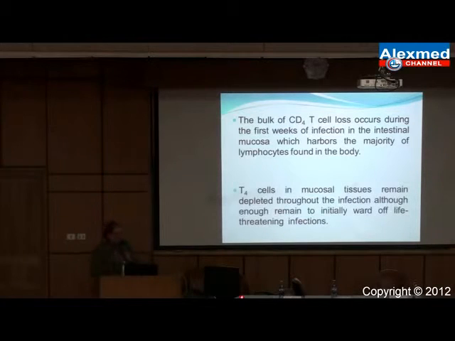I just want to draw attention here that infection is not only in lymphocytes, but we have a great bulk of mucosal lymphoid tissue in the gastrointestinal tract. This mucosal lymphoid tissue is also affected greatly by HIV. We get a drop of this mucosal lymphoid tissue. It rebounds again, but still remains below normal, and this produces a problem in the mucosal barrier of the intestine.